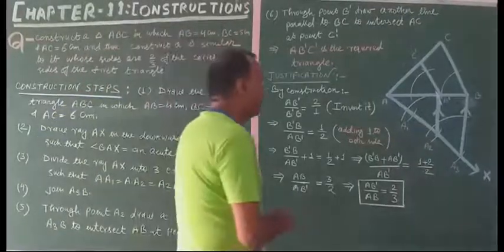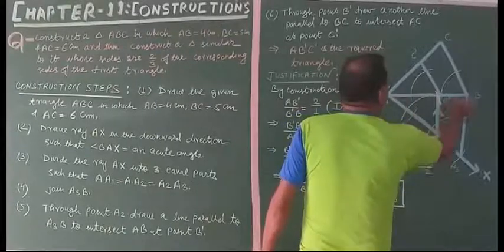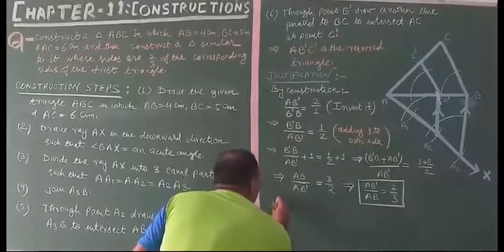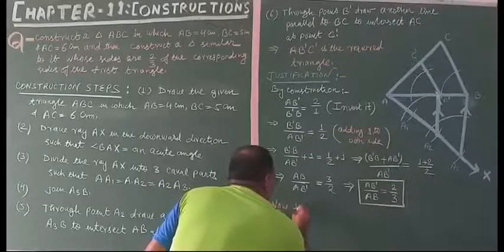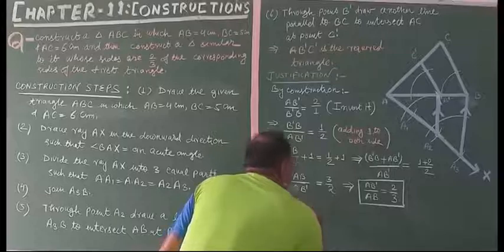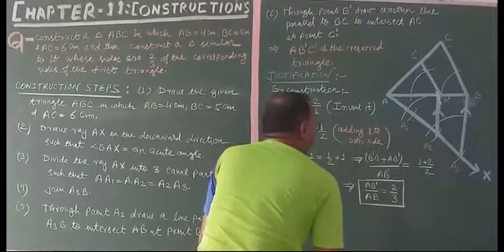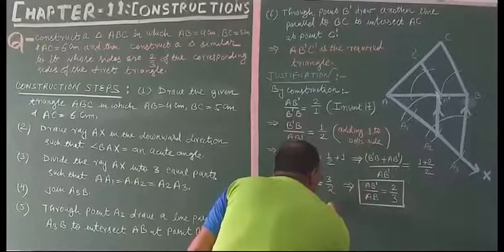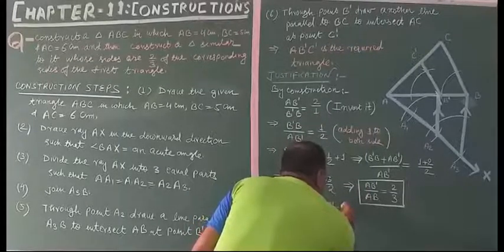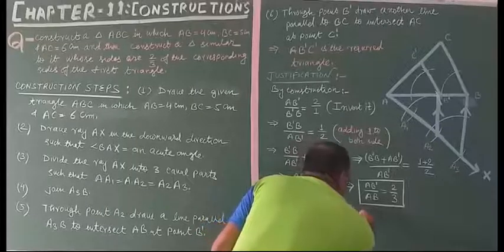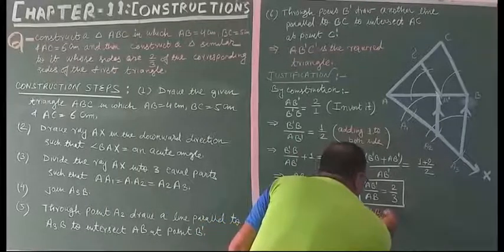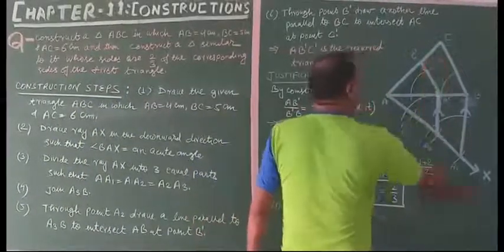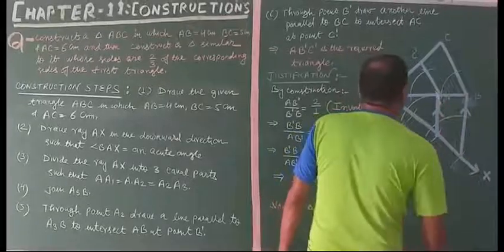Now just look there. In triangles ABC and AB dash C dash, in triangle A B dash C dash and in triangle A B C. Just look here.